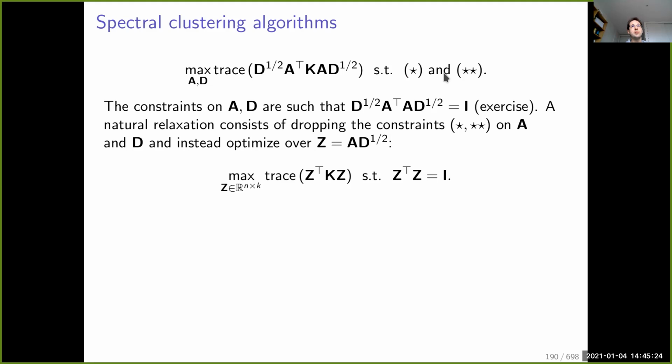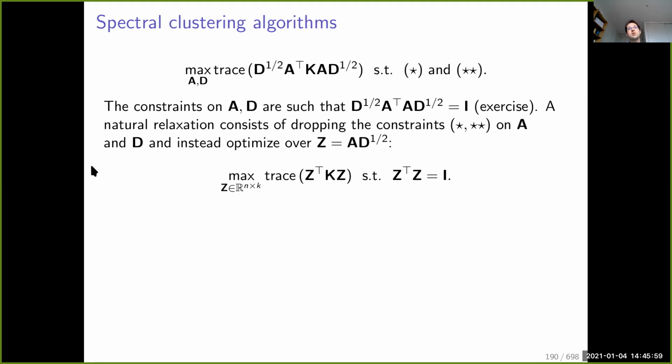And now we will have an objective that only depends on this matrix A times the square root of D, such that the problem on the top is replaced by the maximization over this matrix Z, which is of size n, the number of data points, times k, the number of clusters, of the trace of Z transpose K Z, such that Z transpose Z should be equal to the identity.